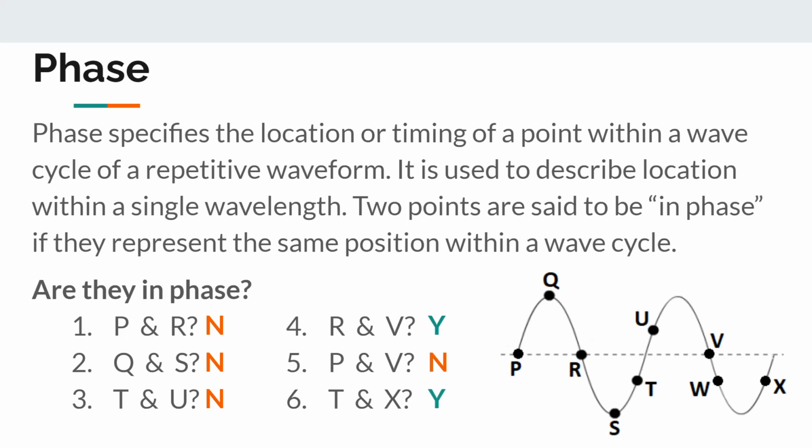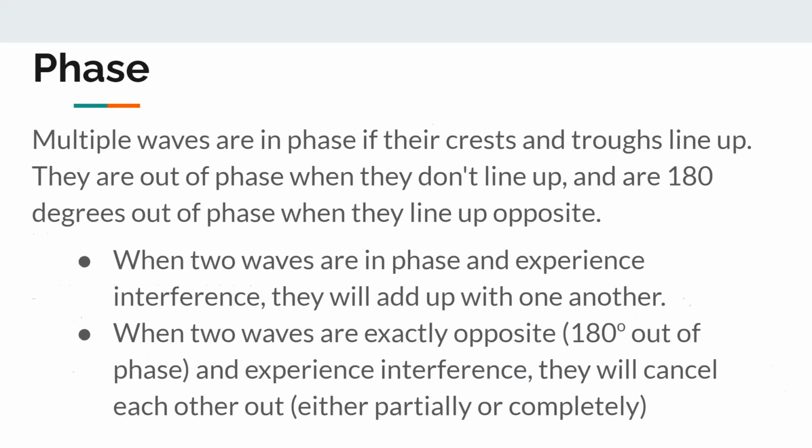Okay, so we need to know that because whether the waves are in phase when they overlap or not is going to determine the type of interference that occurs. Multiple waves are in phase if their crests and troughs line up. They are out of phase when they don't line up, and they can be 180 degrees out of phase if they line up completely opposite each other.